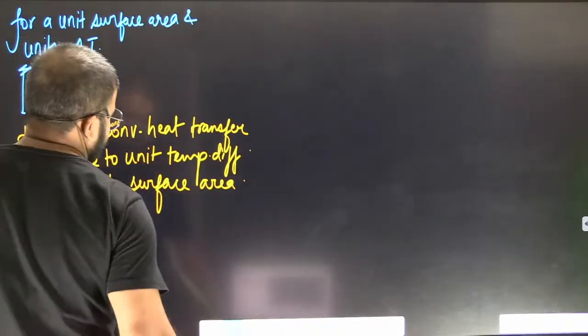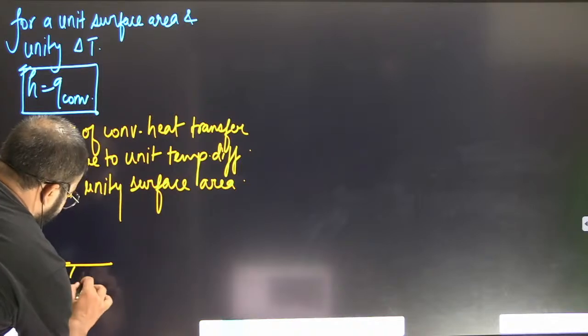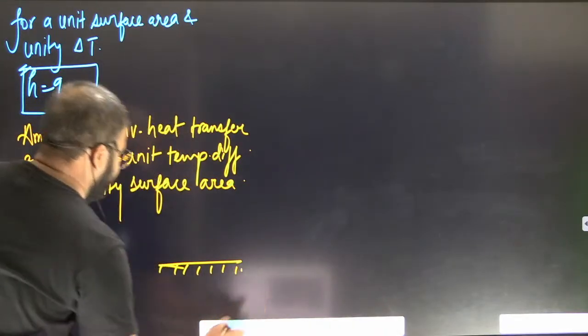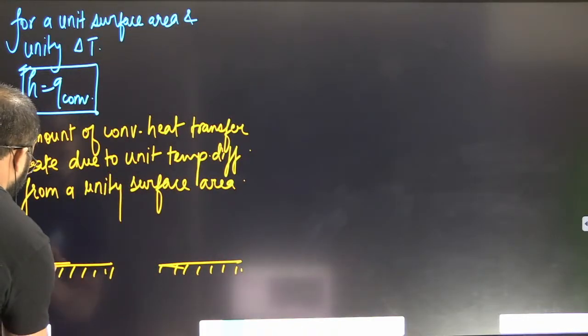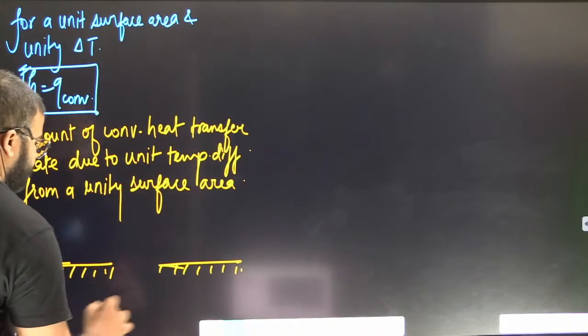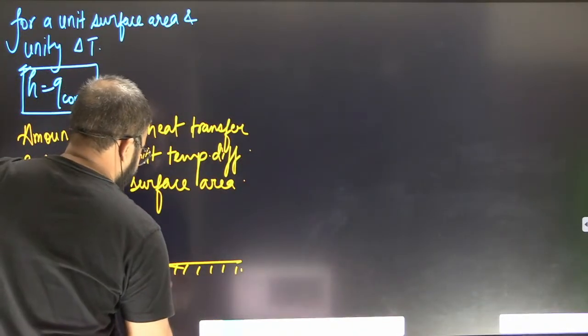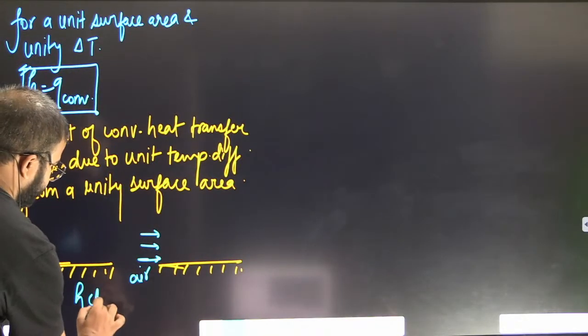Why is it not a property? See, I have the same surface area, same geometry, everything. In this case, I have water. In this case, I have air. Same everything, but H changes.